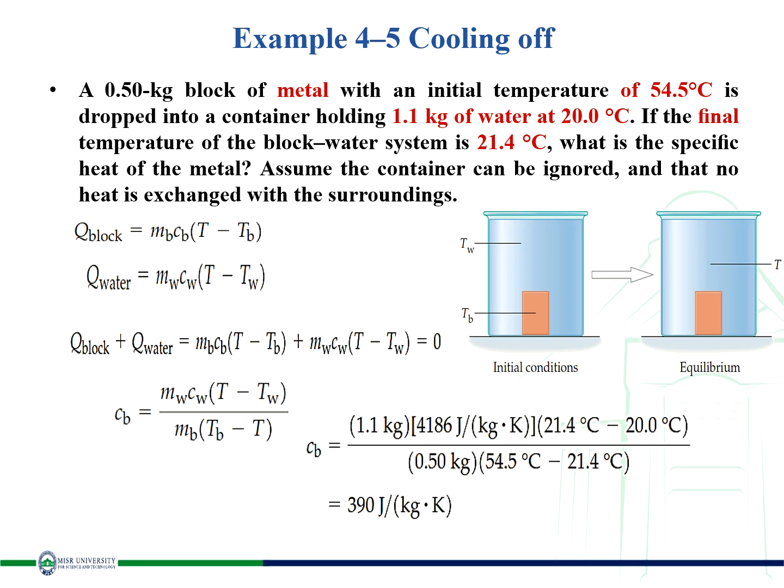Numerator: 1.1 times 4186 times 1.4 equals 6446.44 J. Denominator: 0.50 times 33.1 equals 16.55 kg K. So, c block equals 6446.44 J divided by 16.55 kilograms K.